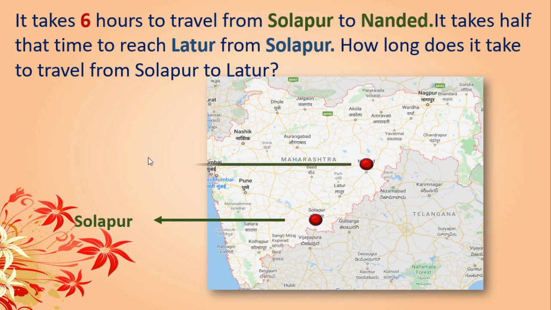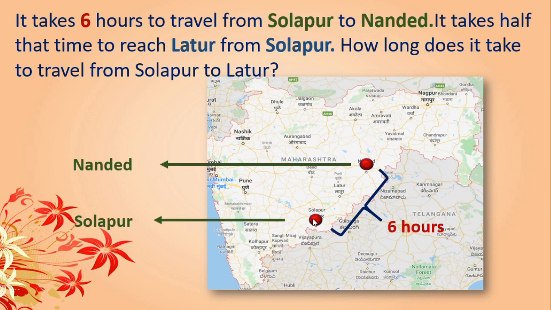I will write here Nanded. What is given? It takes 6 hours to travel from Solapur to Nanded. By bus it takes 6 hours. This is given. Next, it takes half that time to reach Latur from Solapur.